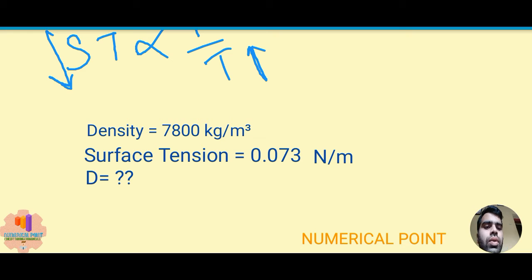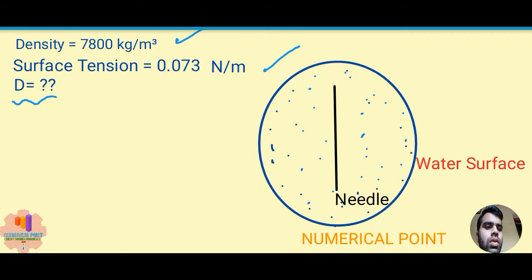In the question, the density is given as 7800 kg per meter cube and surface tension is given as 0.073 Newton per meter. So the diameter of the needle is asked. Okay, so now let's see how the pictorial version of the question, how the scenario actually looks. Guys, let's suppose this is the water surface.